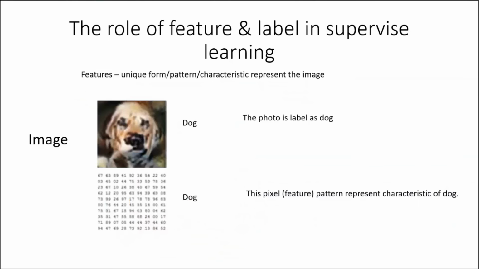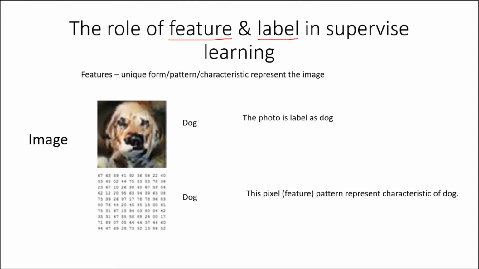And now we have the role of features and label in supervised learning. Okay, the role of features and label in supervised learning. So there are two words here. In supervised learning, you need to know two words: features and label.